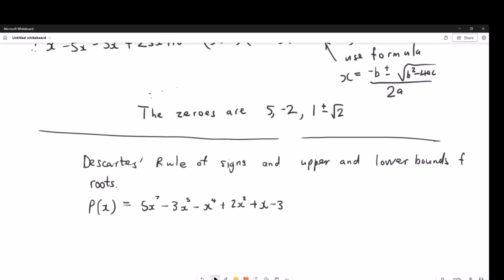Now you can see that the coefficient signs are changing from positive to negative, from negative to positive, and then from positive to negative. So there are 3 variations in sign happening there, from the highest to the lowest powers.